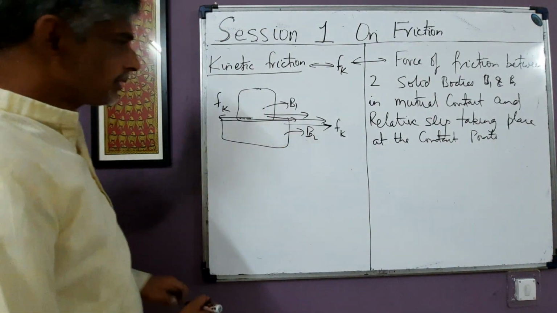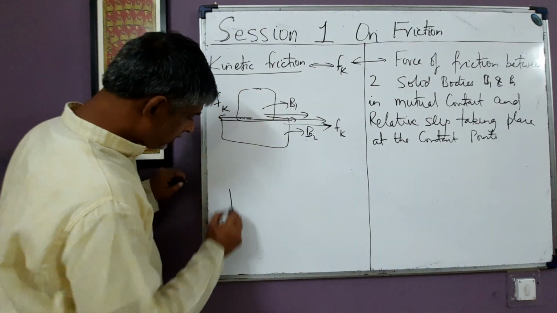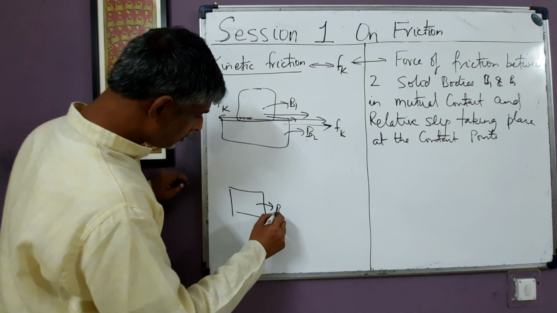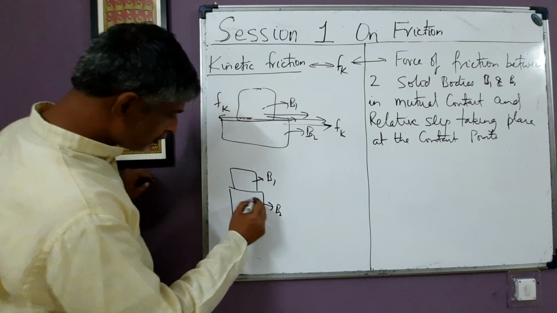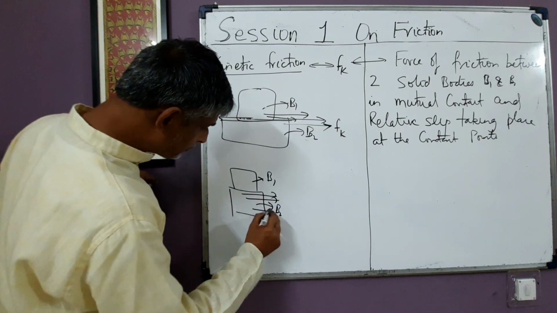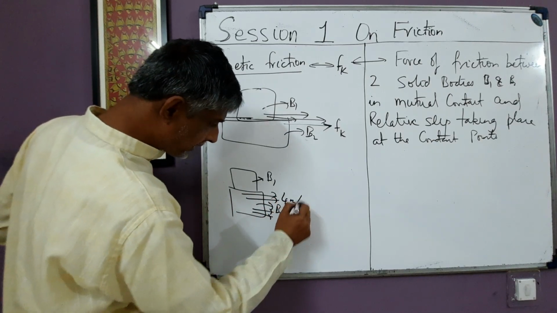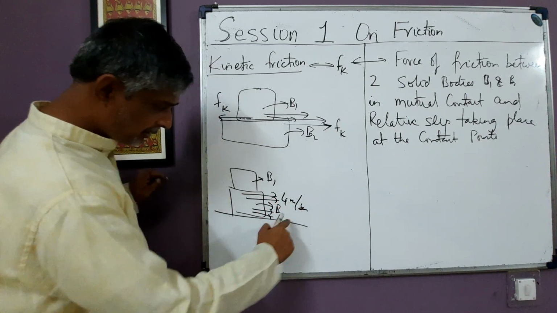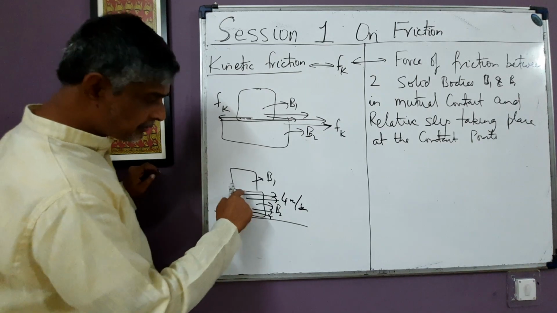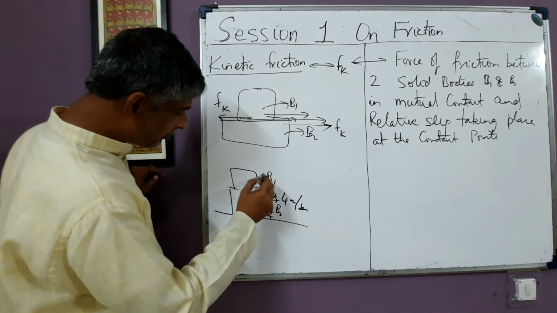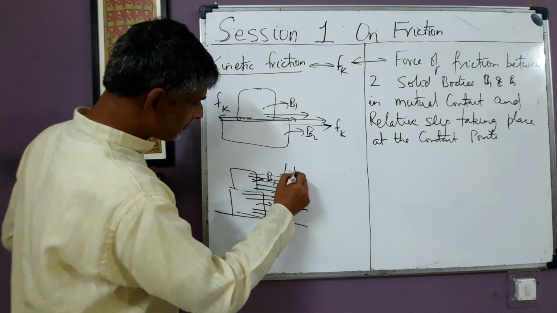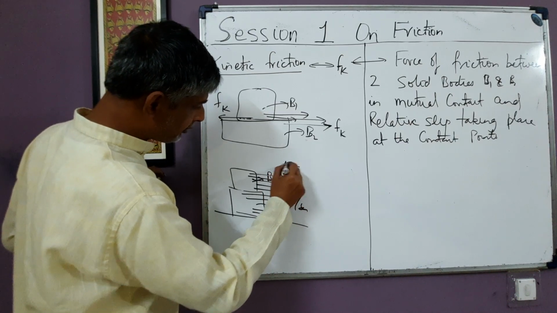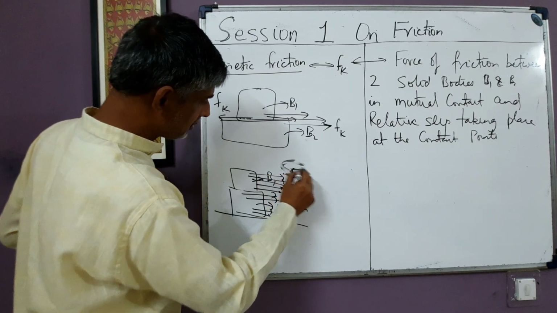Okay. So this means that, for example, this is the body B2, this is the body B1. Suppose all the material points of B2 are moving rightward, say at 4 meters per second. Suppose this is a table surface, and here there is rough surface, and all the material points of B1 are moving rightward at say 5.5 meters per second.